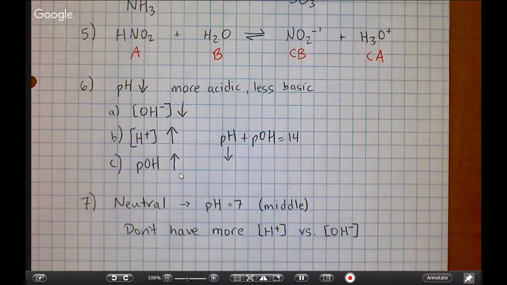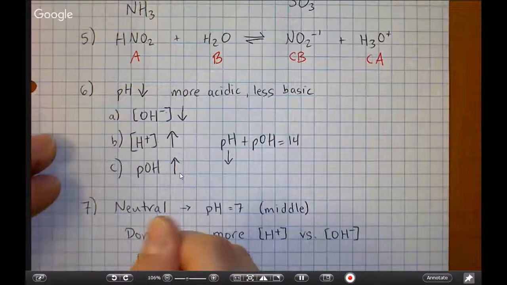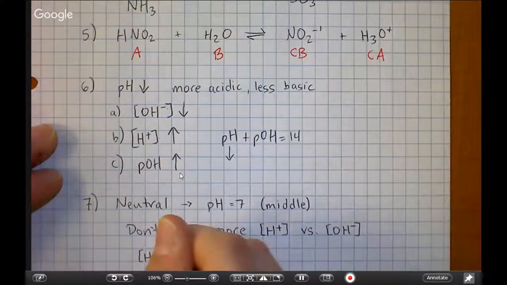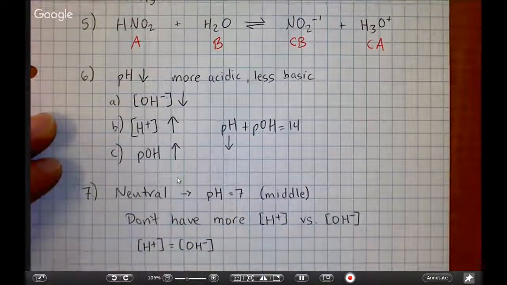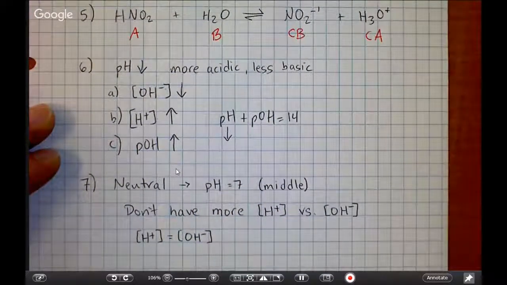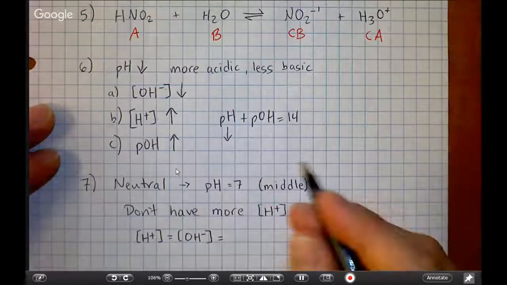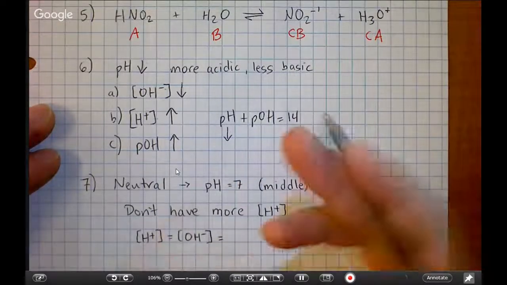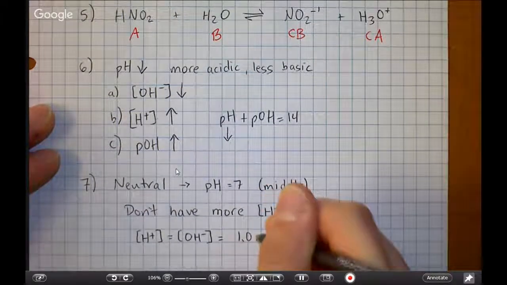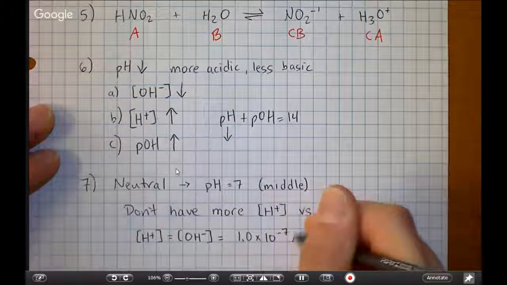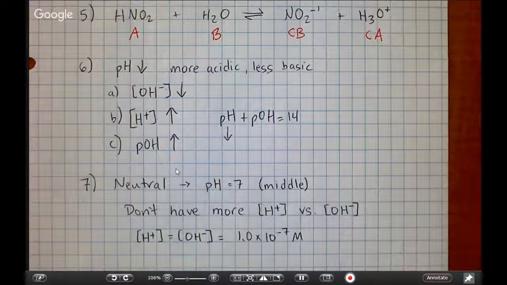If we're equally acidic and equally basic, then what that means is that H plus is equal to hydroxide concentration. And if we know pH is 7, we could do the inverse log of the negative pH, which would tell us that our concentration of both would be 1 times 10 to the minus 7.